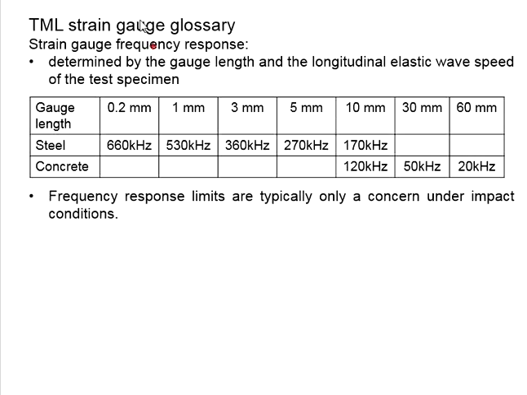Of course, if the frequency is higher, you are able to get more data within a second. If the frequency response is lower, the amount of data that you can acquire within a second reduces. However, for typical usage, such as static load, the frequency response is not a concern. You don't have to worry about that.